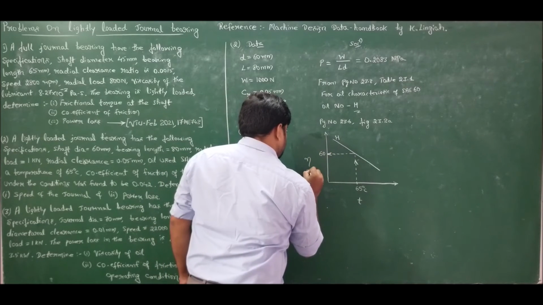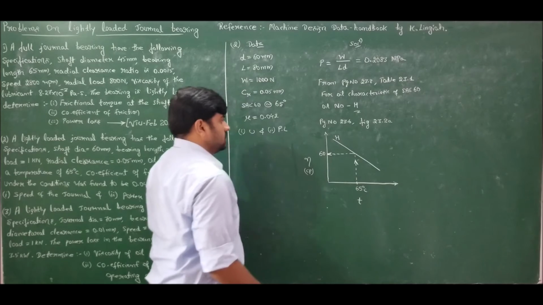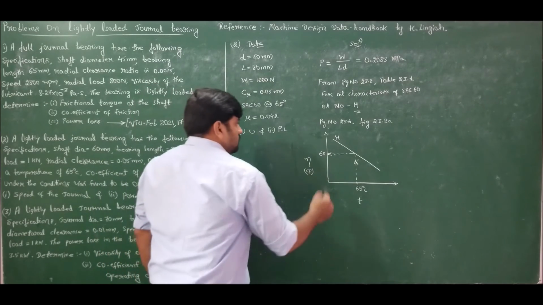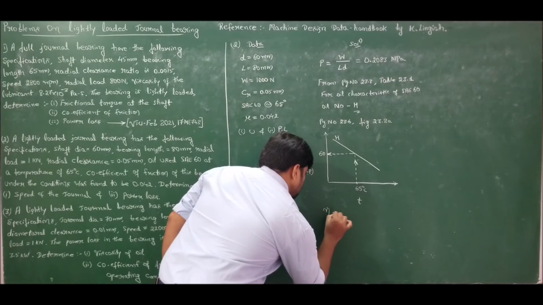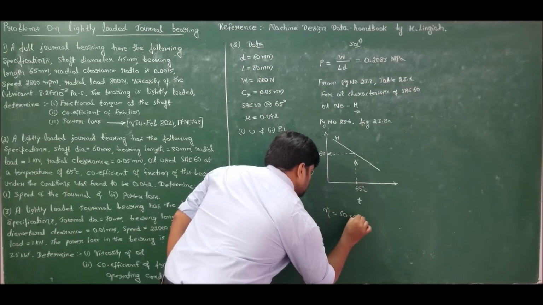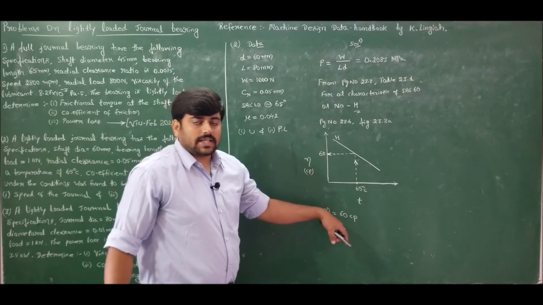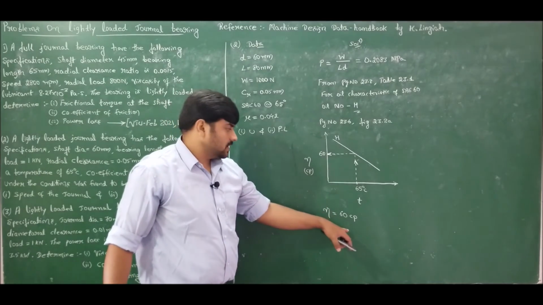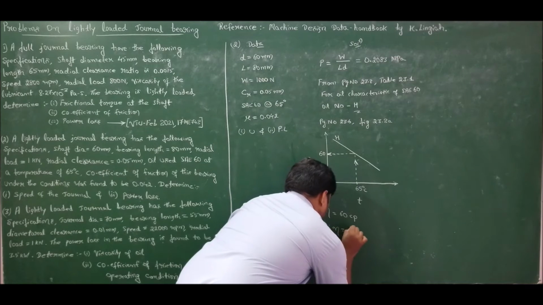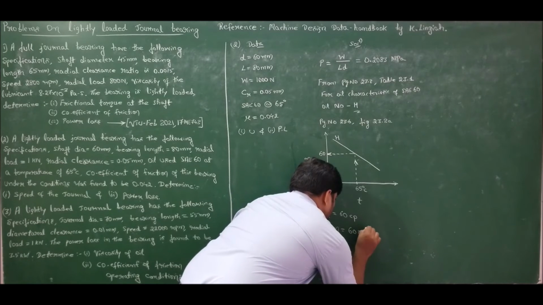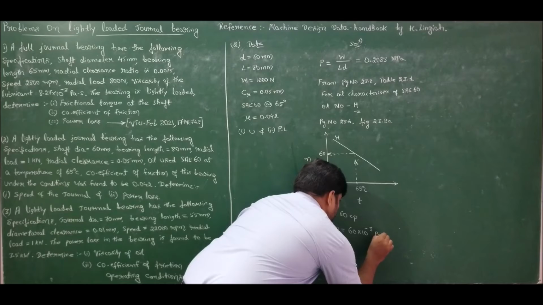So from the figure, the viscosity of oil eta is turning out to be 60 centipoise. Just now I explained how to convert centipoise to Pascal second, that is 10 to the power of minus 3 Pascal second. Therefore, eta is 60 into 10 to the power of minus 3 Pascal second.